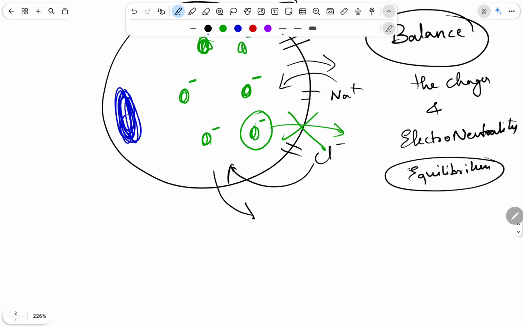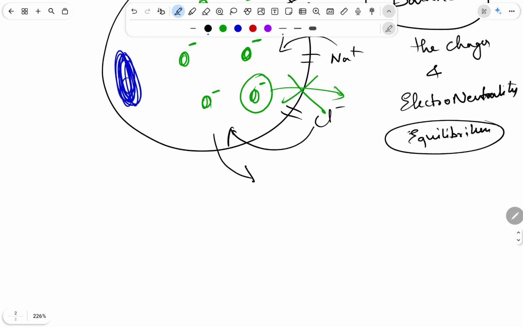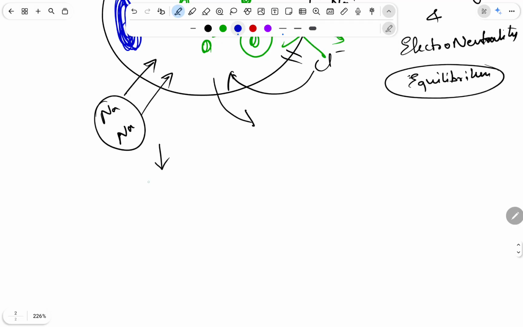But this condition is not favorable for survival, because if sodium goes inside so much, what happens? It will carry water along with it inside the cell. But if the water is increasing, this will lead to cell swelling.